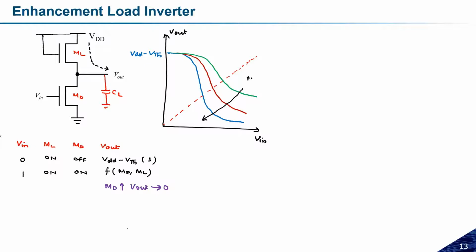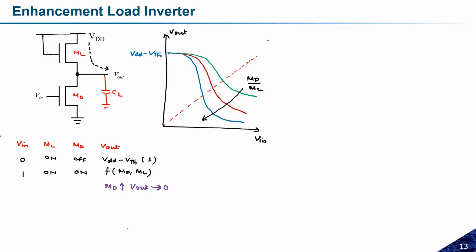If the MD by ML ratio is increasing, it means the waveform will look more like an inverter. Okay, so if I have to get the inverter kind of characteristics, I need to increase the size of MD. So this is what the characteristics are. Okay, so this is the transfer characteristics.